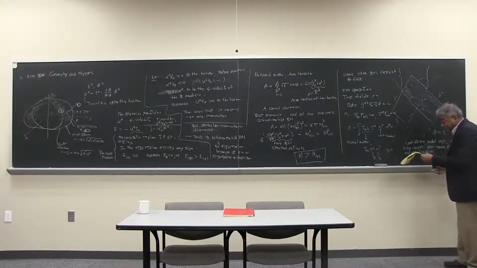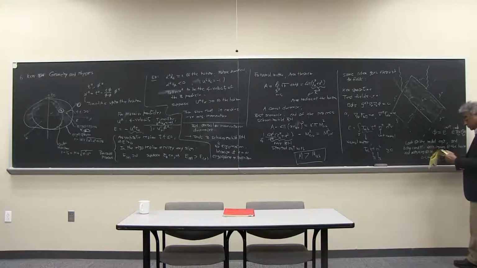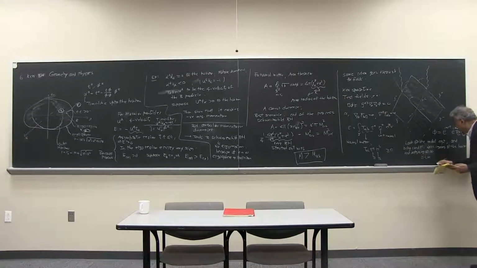And what you find is that there is an inequality. 0 is less than ω, so ω is positive, but ω is less than something, which is built out of some function of the horizon and the total angular momentum.